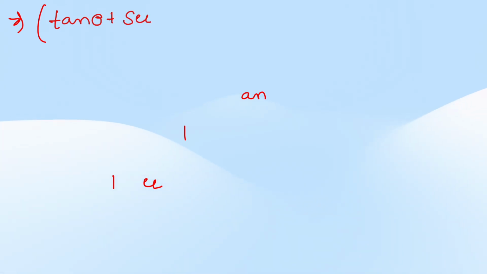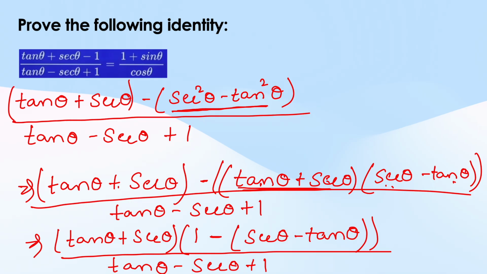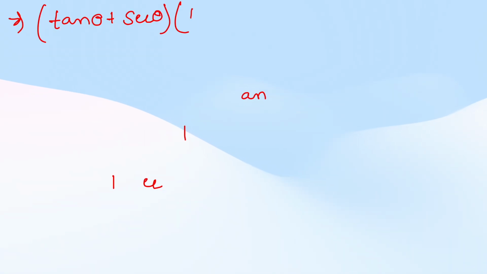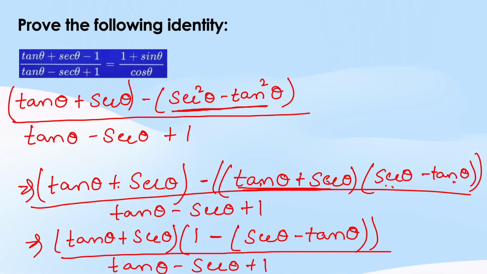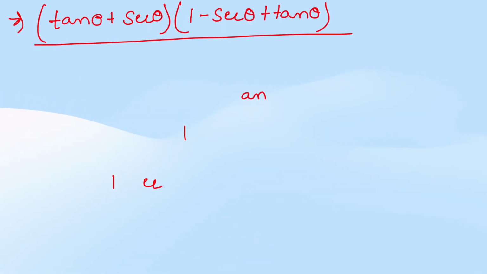So what I have? I have tan theta plus sec theta into 1 minus sec theta plus tan theta, and in the base, what is the base? Tan theta minus sec theta plus 1.